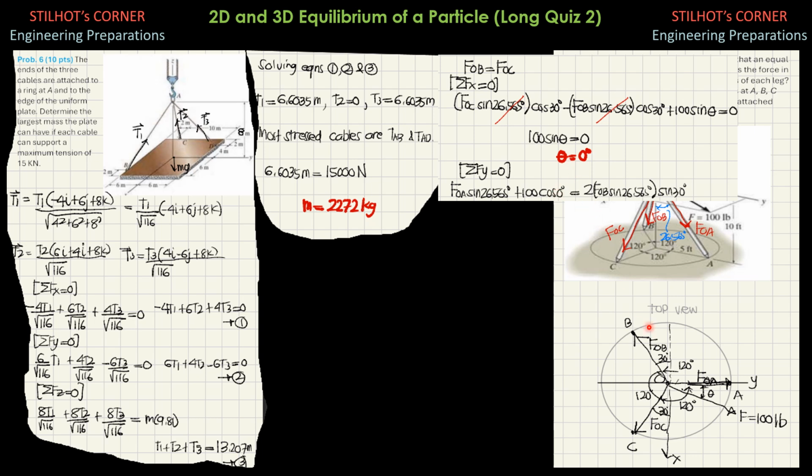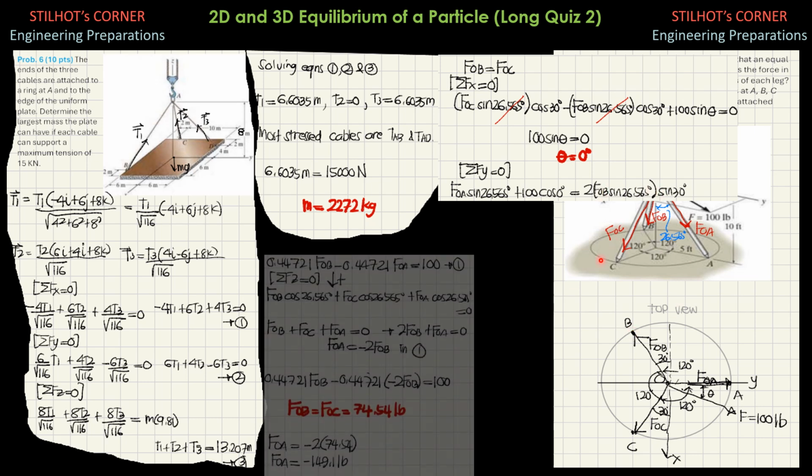Then equals the y component of FOB, which is first the projection FOB sine of 26.565 degrees. We multiply it by 2 because FOB equals FOC. Then for the y component we multiply by sine of 30 degrees, this opposite part.